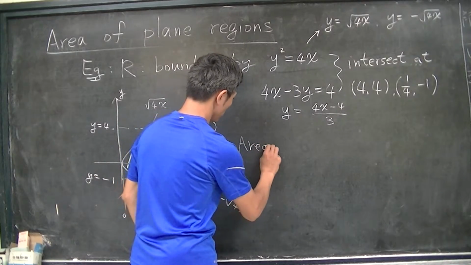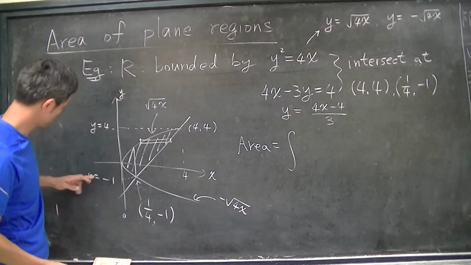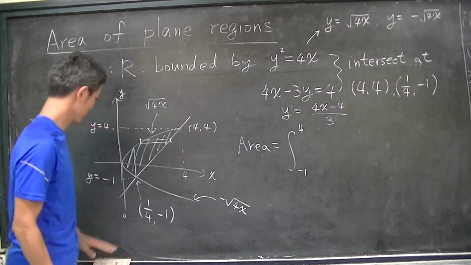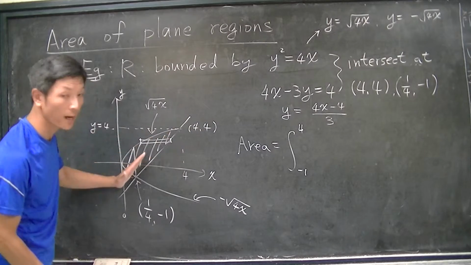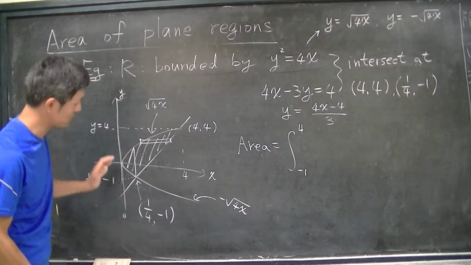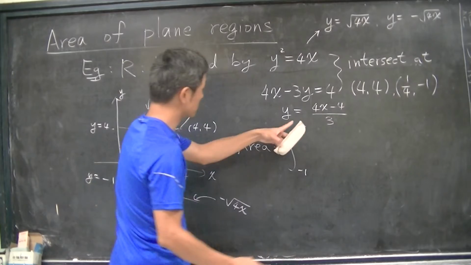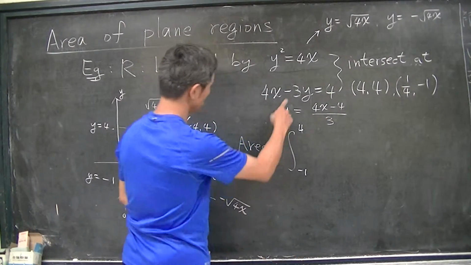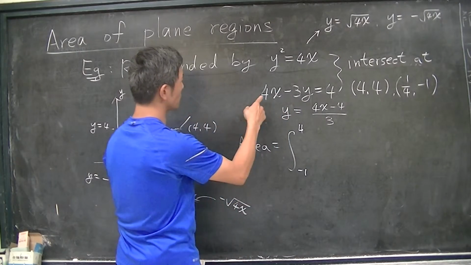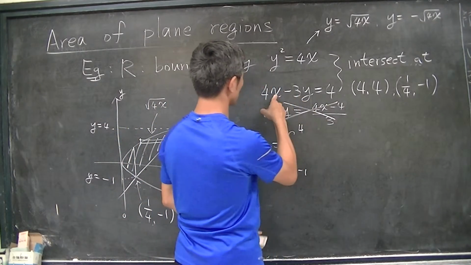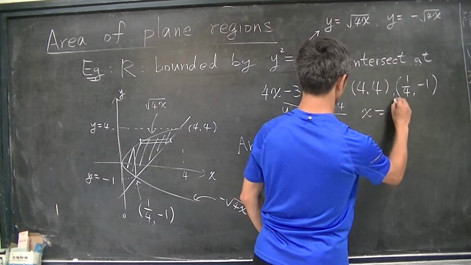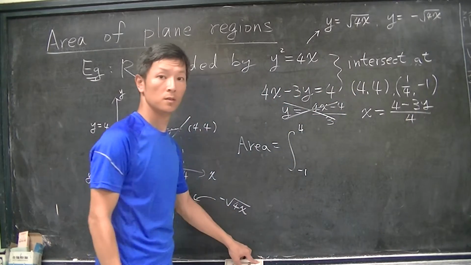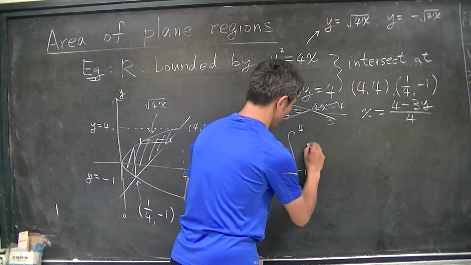Now everything should be functions of y. With this approach, we integrate from negative 1 to 4. Now the top is the line and the bottom is the parabola. Because now y is the variable, the formula of the line becomes x as a function of y. So x is equal to (4 plus 3y) over 4. This is the top function we have.